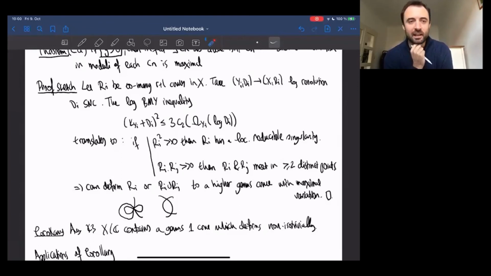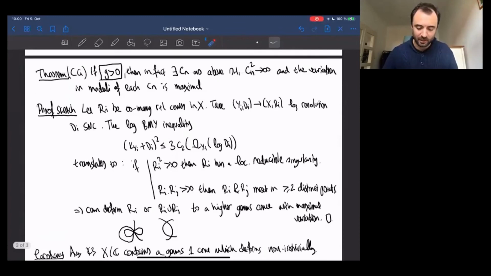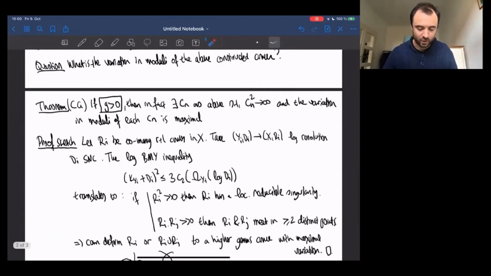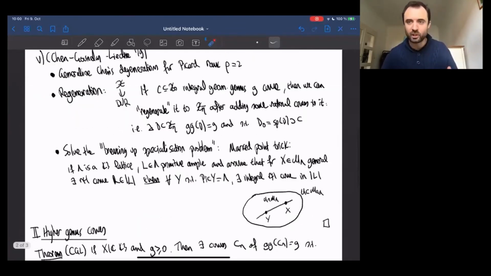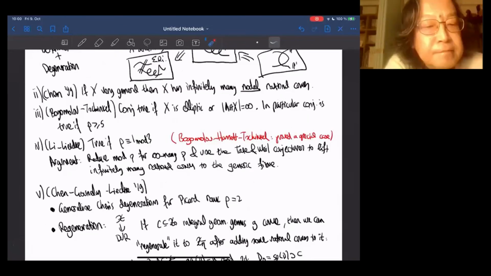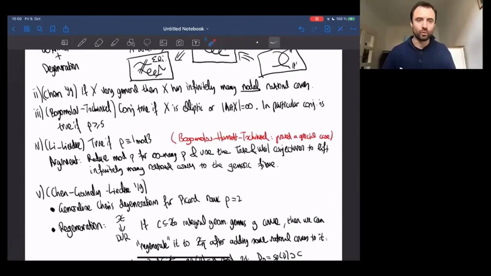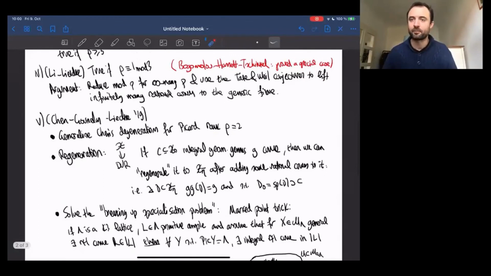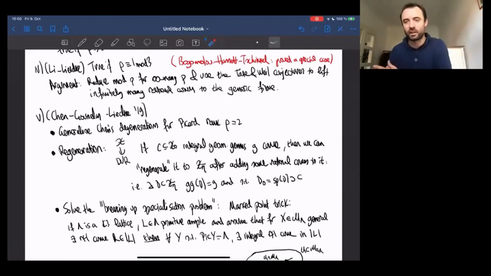The claim is that if I give you a K3 surface over an algebraically closed field of characteristic at least 5, then it also has infinitely many rational curves. The proof is very similar to what I sketched here. You have to use Bogomolov-Miyaoka-Yau-type arguments to get the elliptic case, then something like Lee-Liedtke, and then you also have to prove the regeneration and marked point trick business to pass curves from characteristic 0 to characteristic p.